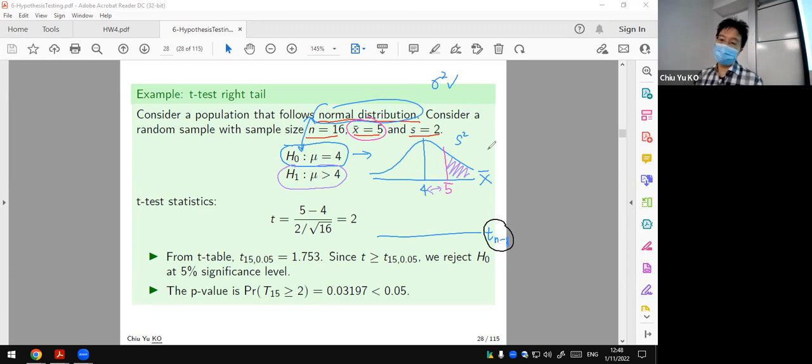It's far away. And to evaluate this, we have to convert it to a t, right? So that is also a bell curve, but it's a fatter bell curve, something like this.